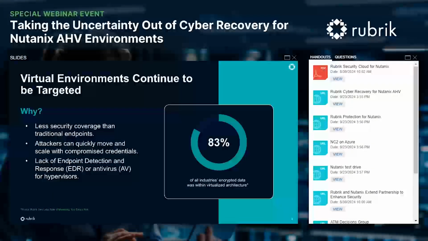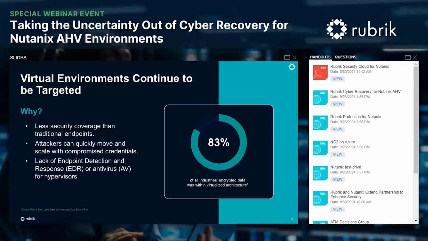Virtual environments continue to be targeted. Why? In a recent survey conducted by Rubrik Zero Labs, we found that 83% of encryption events observed in 2023 targeted virtualization infrastructure. The reason for this is that virtualized architectures often have less security coverage compared to traditional endpoints.